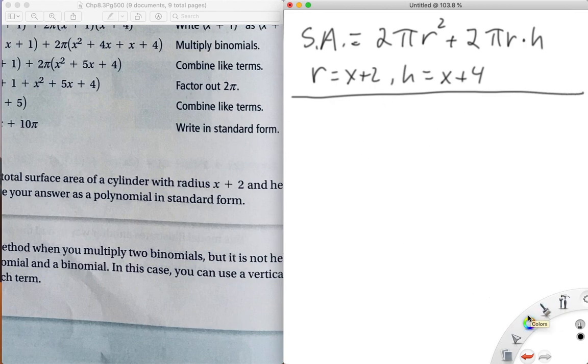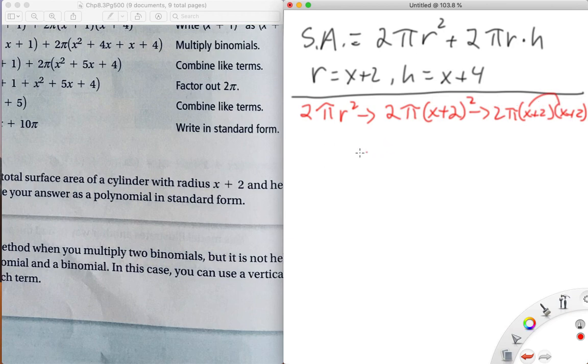Okay, so let's attack these separately. We could look at the 2 pi r squared part. We know that r equals x plus 2, so it's 2 pi times x plus 2 squared, which is the same thing as 2 pi times x plus 2 times x plus 2. So we're going to use FOIL.